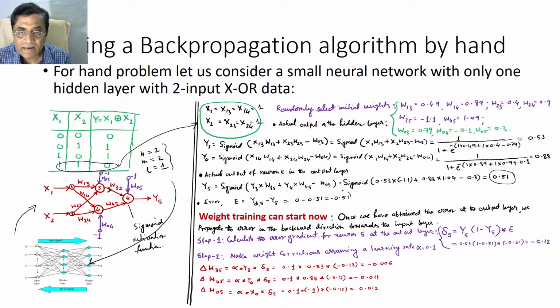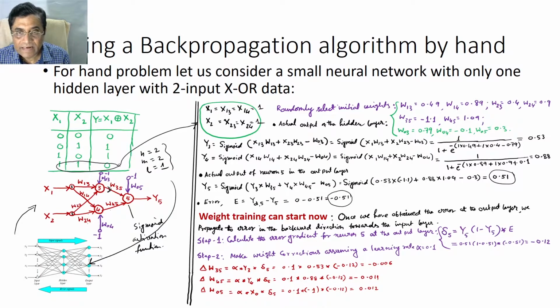So this error will now be used as raw material to fix these parameters, which were selected whimsically earlier. That is called weight training. Now, what we'll have to do? We'll have to propagate the error.